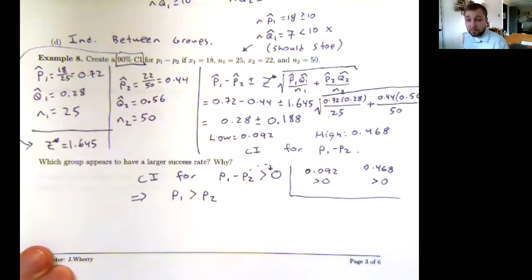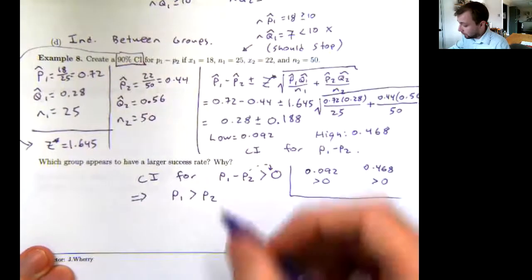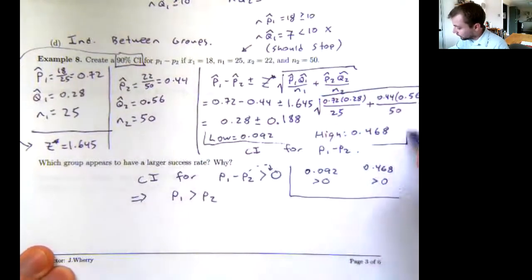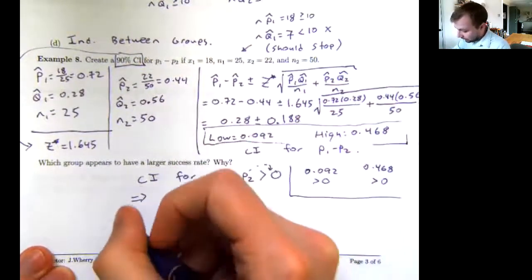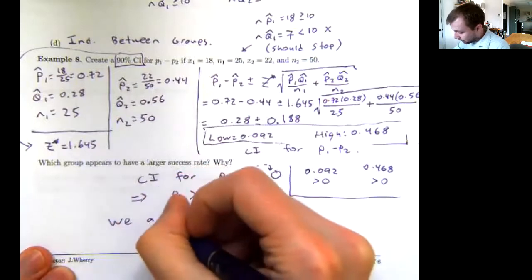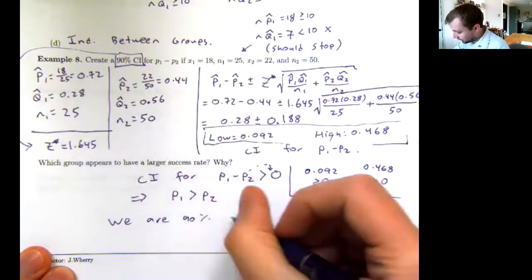So the question might be, how much bigger? Well, that's exactly what this confidence interval is telling me. I would say we are 90% confident.